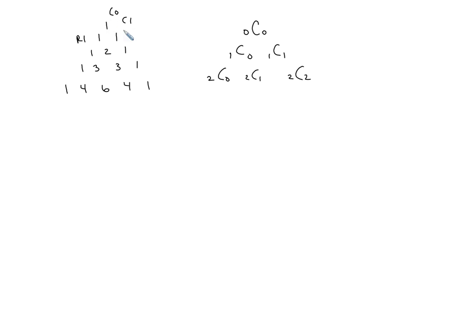So the 0C0 is 1, the 1C0 is 1, the 1C1 is 1, the 2C0 is 1, the 2C1 is 2, the 2C2 is 1. This one is really from 3C0, and then we have 3C1, 3C2, 3C3, etc. So that's your 1, 3, 3, 1. Do you guys see how that works? And it turns out that that holds for all of our NCR combinations.